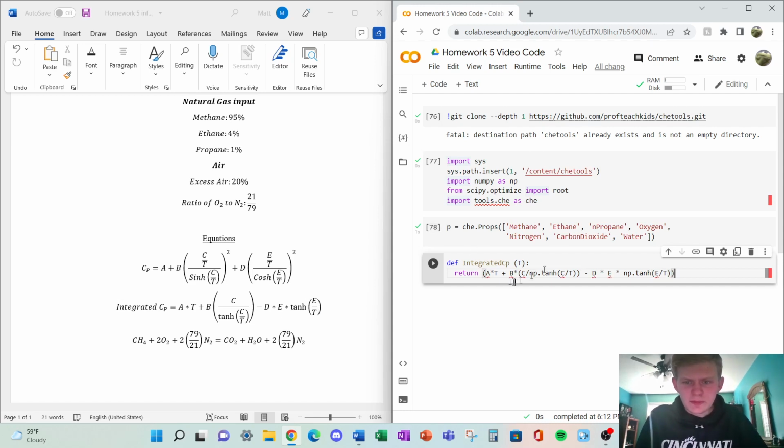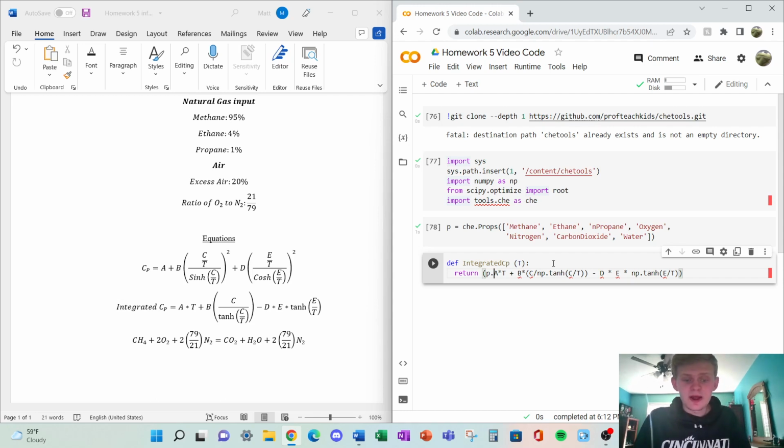And you might be thinking, we don't have any values for our A, B, C, D, and E. However, since we loaded our tools already, all we need to do is use our chemistry properties to give them actual values.